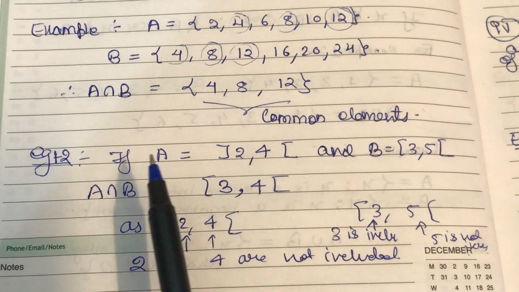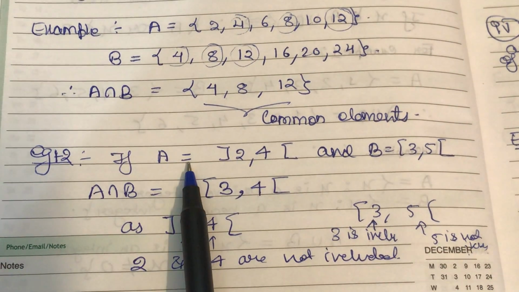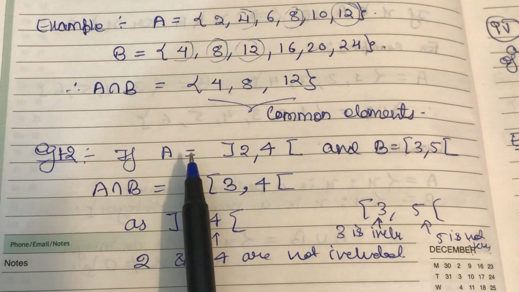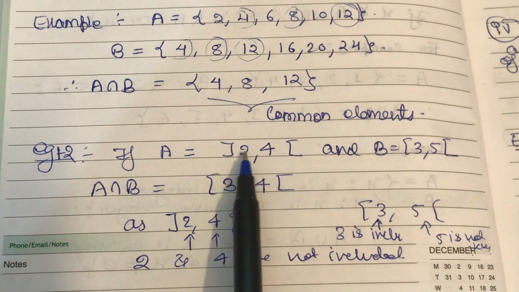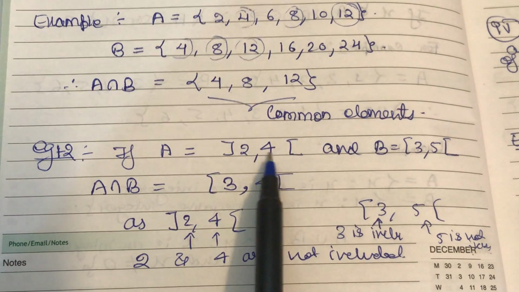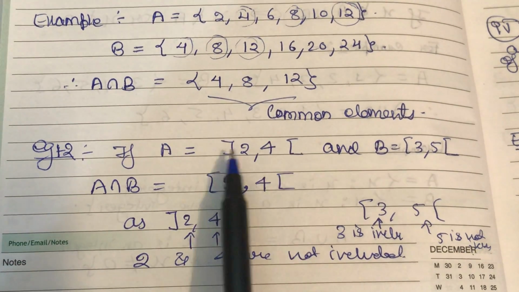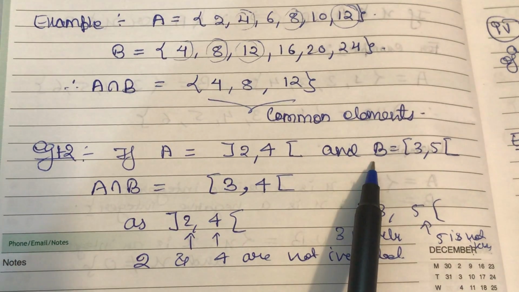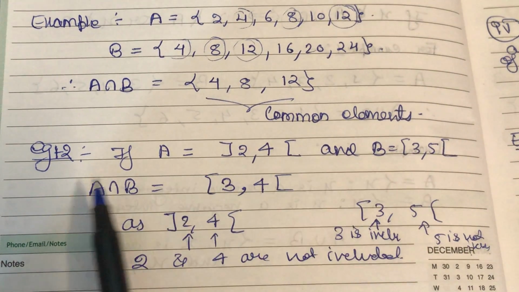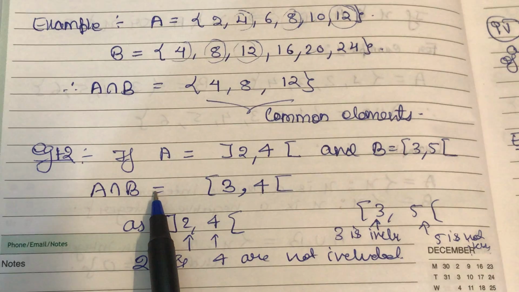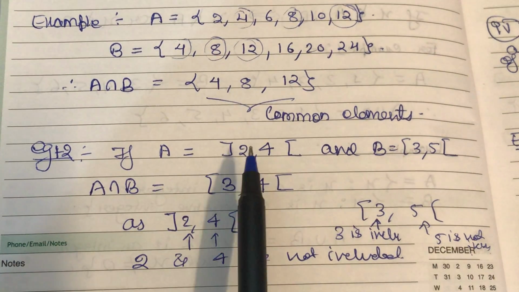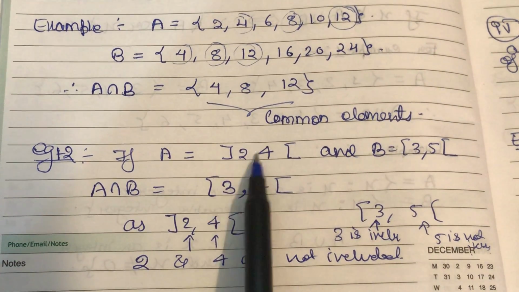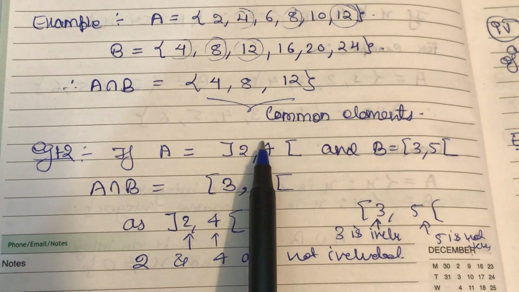Suppose there is a set A with the elements 2 and 4, in open brackets. In the last video I told you about the open and close bracket, right? And this is a set B. Now A intersection B will be what? 2 is not included over here, but definitely I'll have 3.